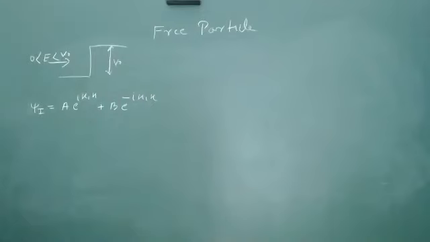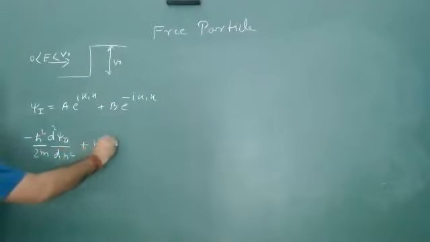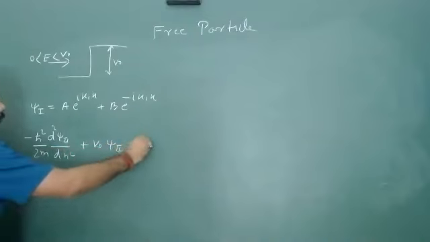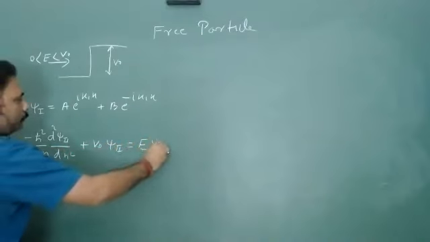Now I have to solve the Schrodinger wave equation in region 2, which will be minus h cut square d square psi 2 upon dx square upon 2m, plus the potential V naught psi 2, is equal to E psi 2.